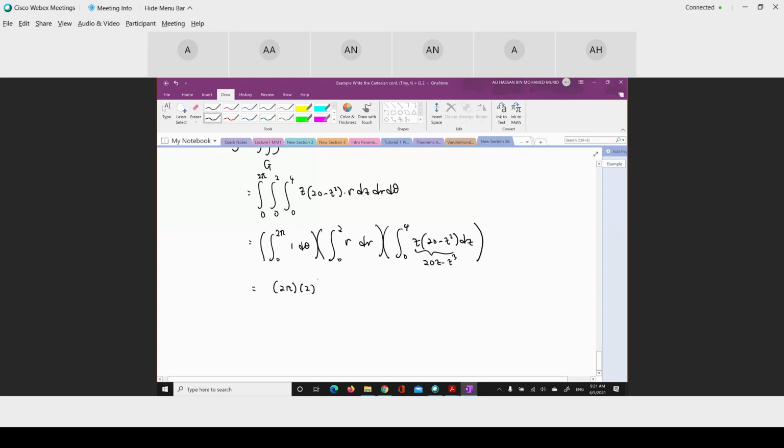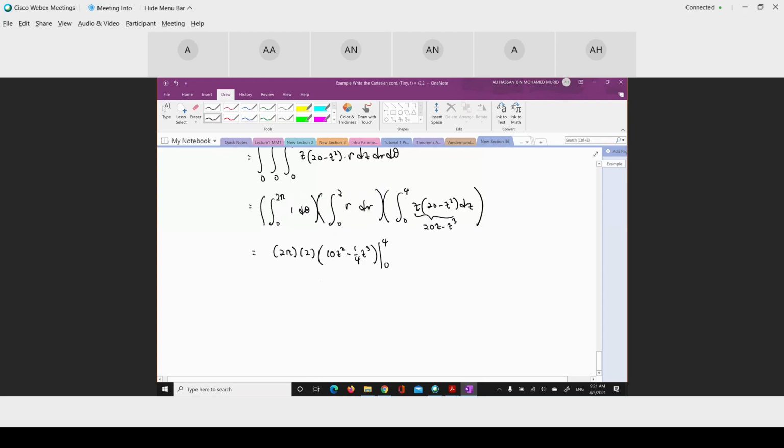So the integral of that is 10 z squared minus 1 over 4 z to the power of 4, with z between 0 and 4. So this is 4 pi times what? At z equal to 4.